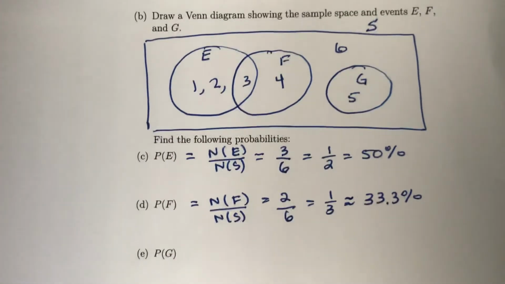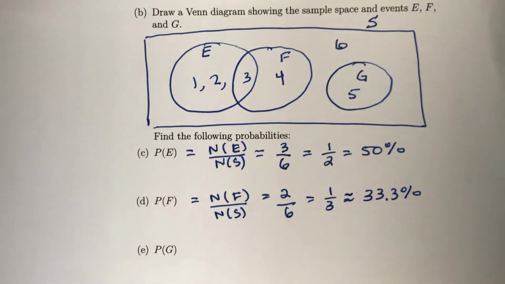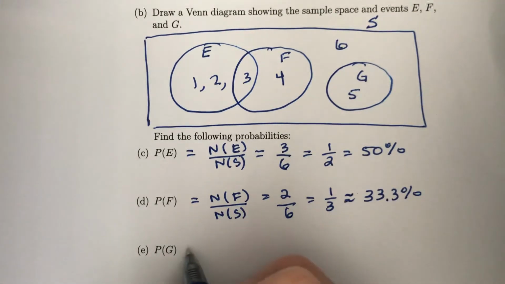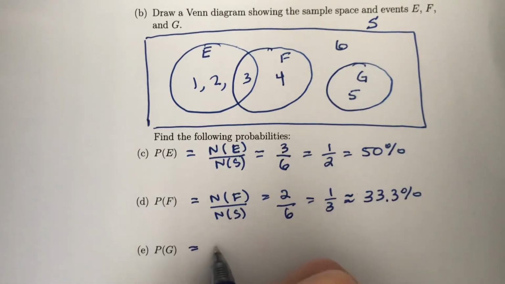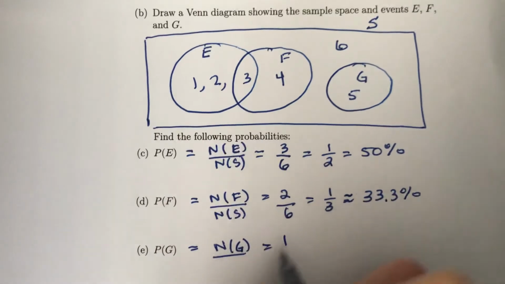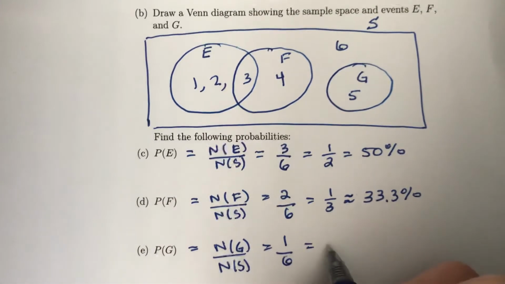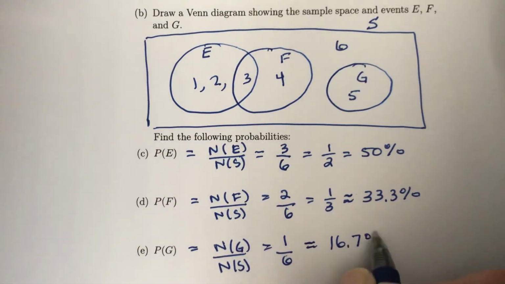Maybe we just leave it as 33%. I just arbitrarily made it 33.3. And for G, we look at the number of ways G can happen, which is just one way. You can just get a 5. It's only one thing out of 6 in total. And that turns out to be around 16% or 16.7%.